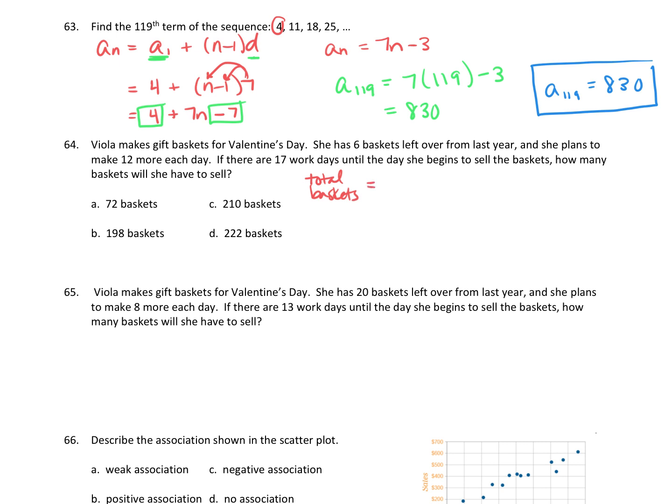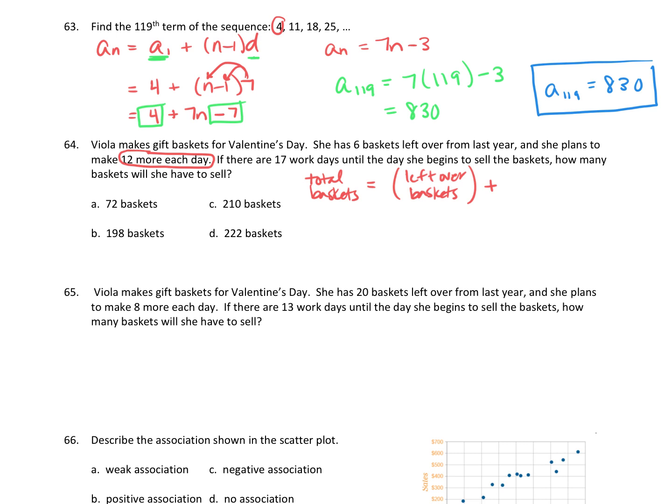That's going to be equal to, well, she's got some leftover baskets. So we're going to take her leftover baskets. Let's add on to that. Now she's going to be making baskets every day. So it says that she can make 12 baskets each day.